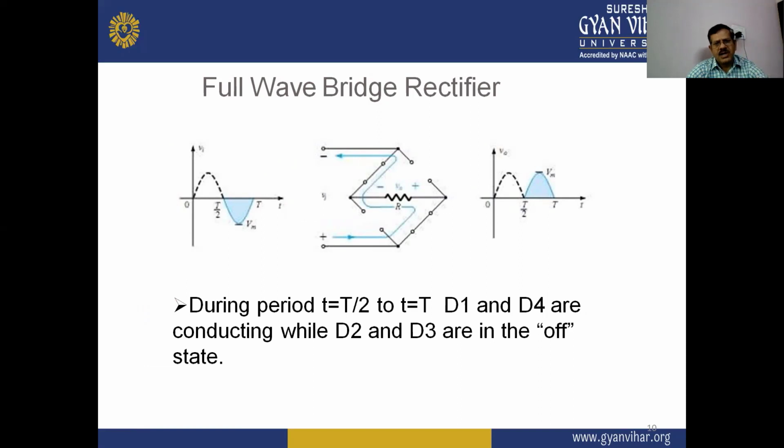Now, during the period T by 2 to T, diodes D1 and D4 are conducting, while D2 and D3 are in the off state. So here two diodes are in forward biasing, that is conducting mode, and the other two diodes are in reverse biasing condition, so they are not conducting, that is, in the off state.